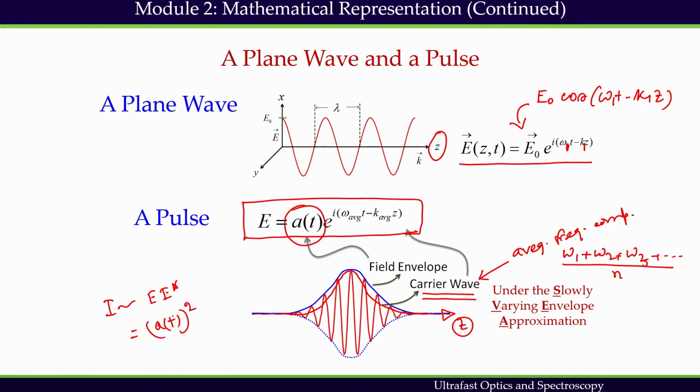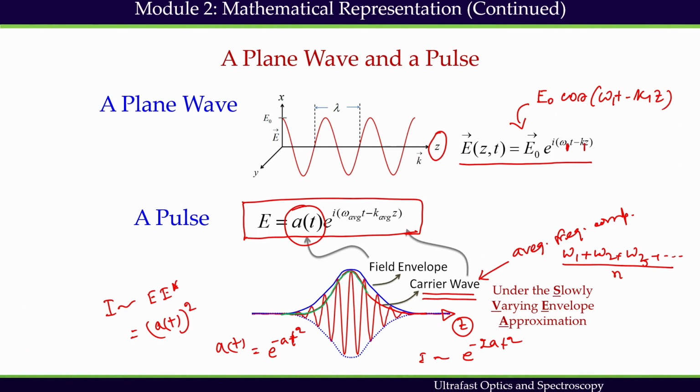So if A(t) is represented by a Gaussian function, exp(minus a t squared), then its intensity is going to be represented by exp(minus 2 a t squared). That's why we have the intensity profile inside the field envelope. Intensity profile would always look like this.